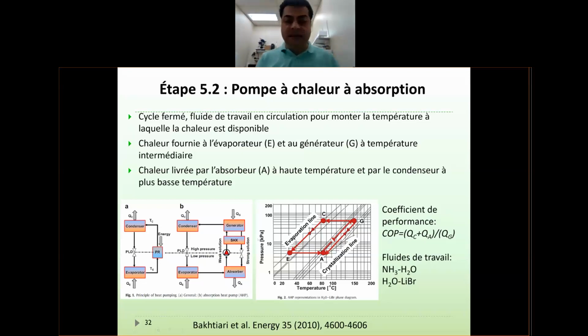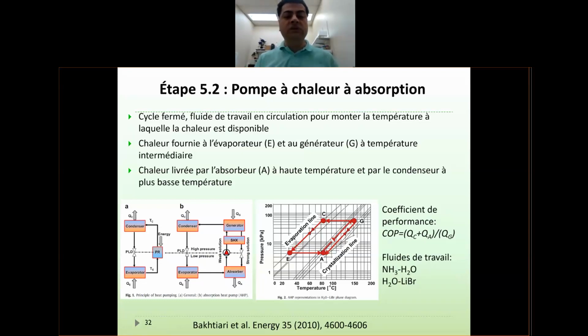So what happens is that let's start from the evaporator. In the evaporator, the volatile component of the working fluid takes the energy QE at low temperature, and that is transferred to an absorber. In the absorber, the volatile part of the working fluid is absorbed in the solvent.